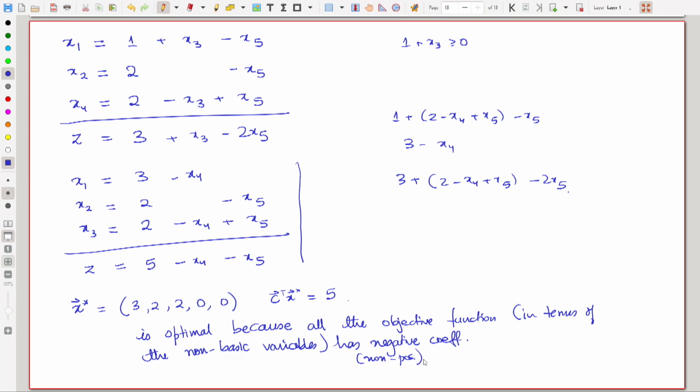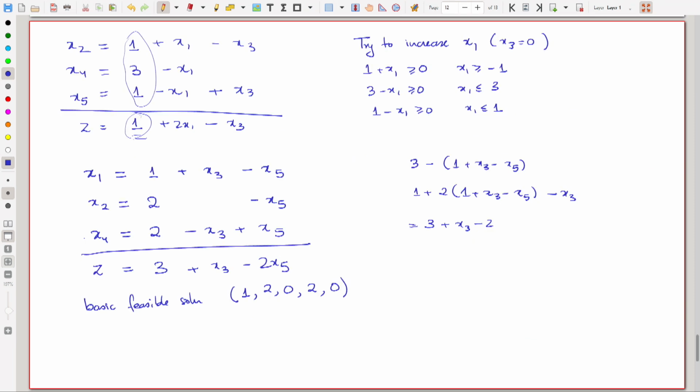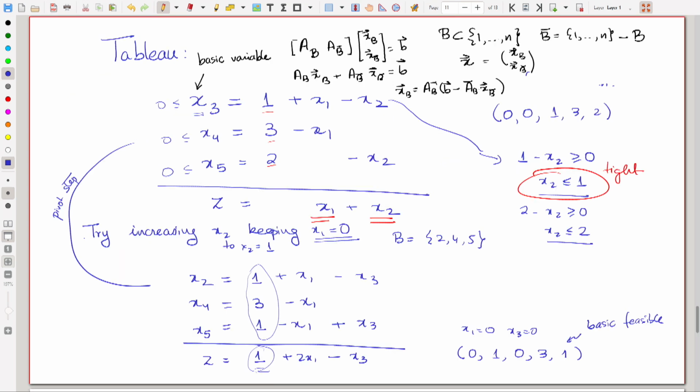And there are certain subtleties to running this simplex method. These are called pivot steps, and in each pivot step we made a choice of a variable. Sometimes you will see that you have many choices of variables, and then you have to decide how to choose it, and some issues can occur.